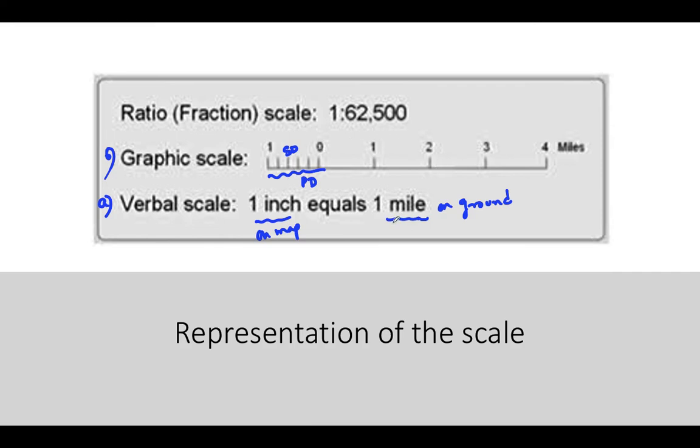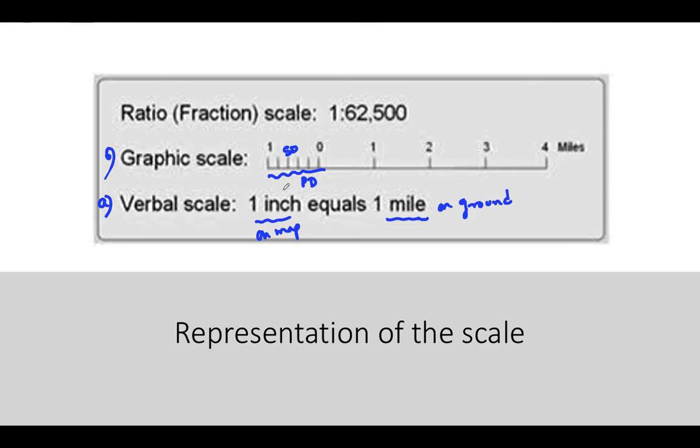In most maps you can see the linear or graphical scale at the bottom. Here it shows 5 miles, and this 1 mile is shown in secondary divisions. Clear?